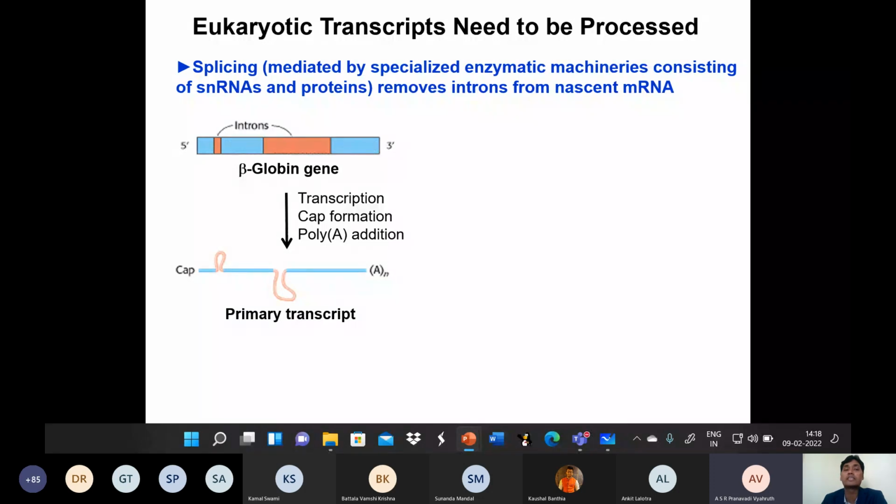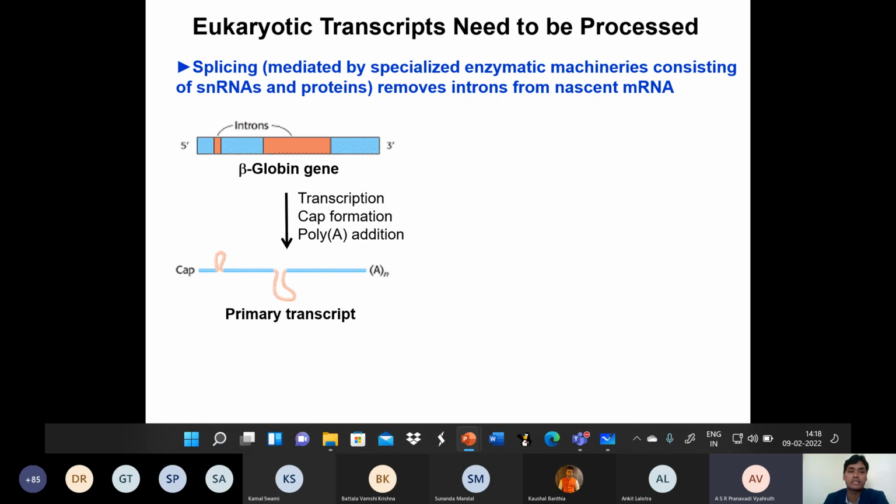Now the difference: if you compare this mRNA in the case of eukaryotes and prokaryotes. I told you before, particularly in humans, only around 1.5% of DNA is transcribed into RNA. But here you will get something new.